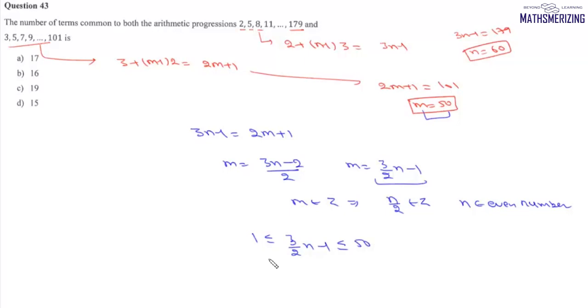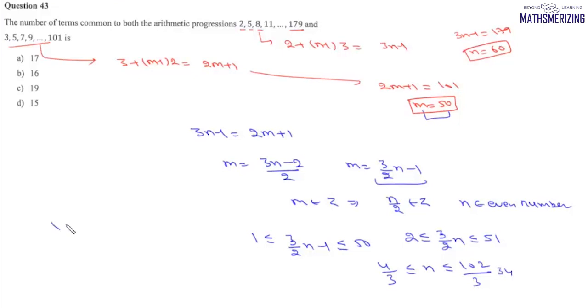So we'll write this as 2 is less than or equal to 3 by 2 n, which is less than or equal to 51. So 4 by 3 is less than or equal to n, which is less than or equal to 102 by 3, and that is 34.